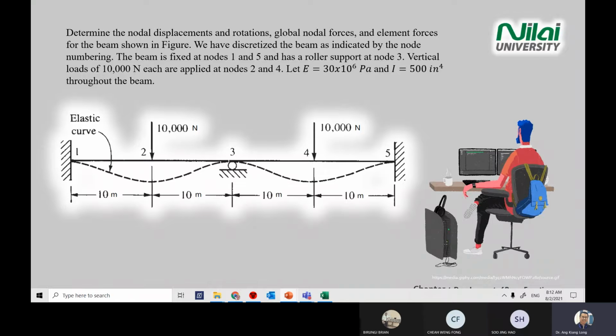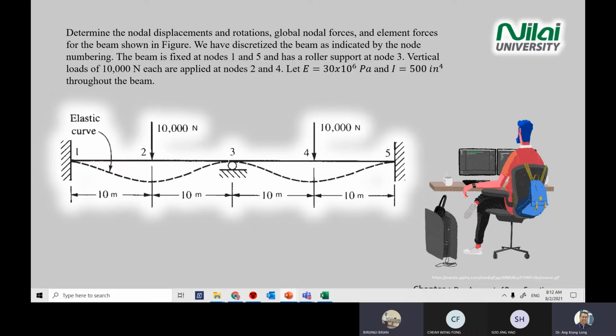The next question I will ask Brian. Brian, how many elements do you think you can break from these 5 points? How many elements? Brian, are you there? Yes, sir. So you look at the screen. We have 5 points here. Number 1, 2, 3, 4.